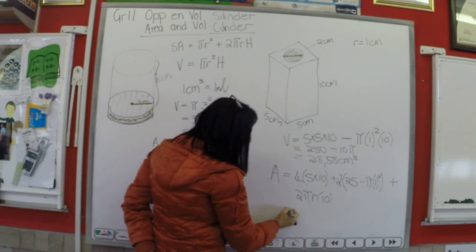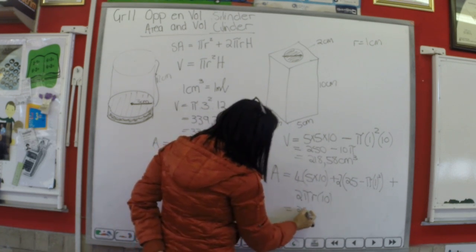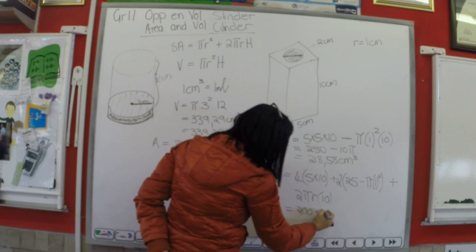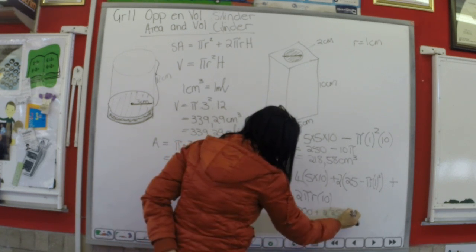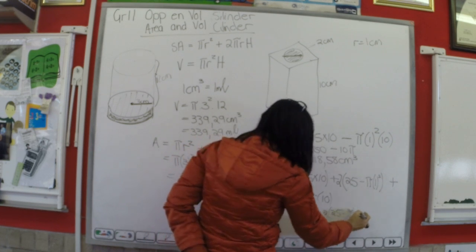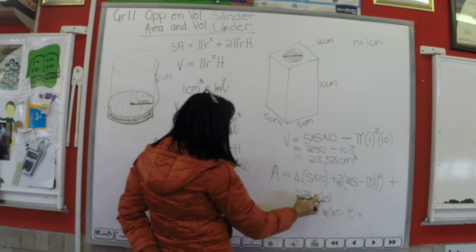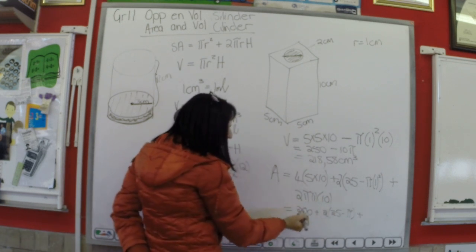So as ek dit gaan uitwerk, dan het ek 4 mal 5 mal 10, that's 200, plus 2 times 25, that's 50, minus 2 pi, okay, plus, and the radius over there is going to be 1. So ek het 2 mal pi mal 10 mal 1 is 20 pi.